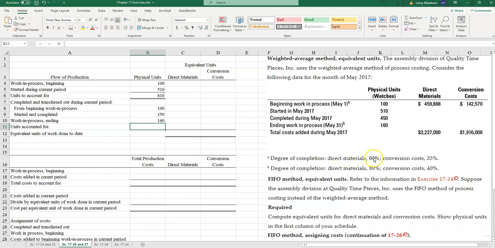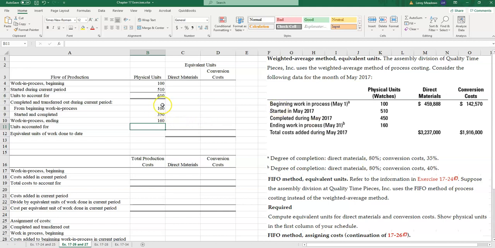For direct materials, 80% was completed already before this month. So how much left do I have to do in order to get those 100% complete? Well, if I need to get those 100% complete and 80% of that work was already done, I need to do 20 more percent of adding direct materials.